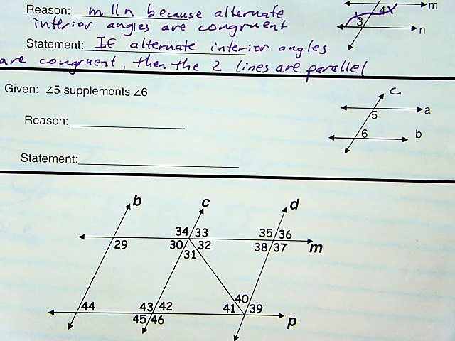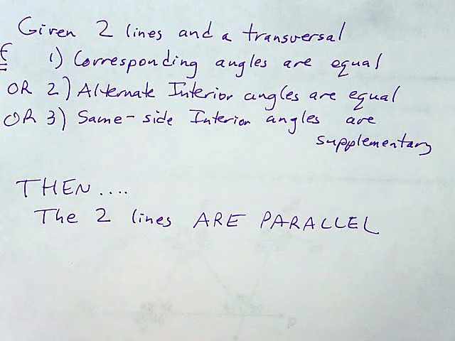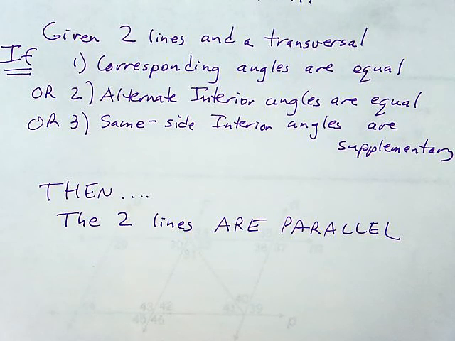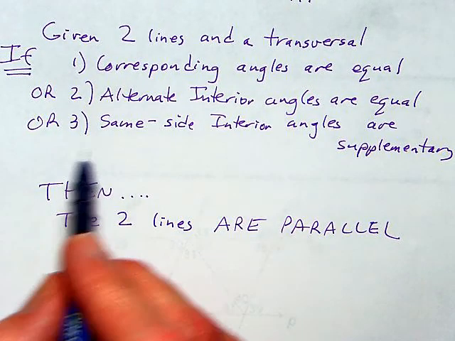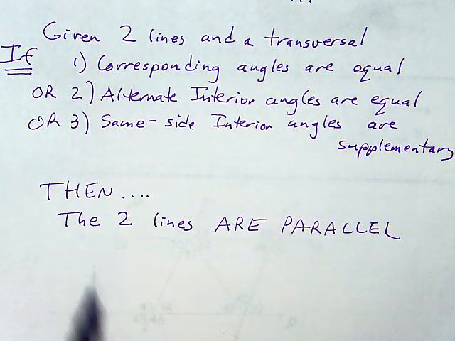Well, what can we conclude about lines A and B? Well, let's go back to our statements here. And we may remember that if, given two lines and a transversal, if same side interior angles are supplementary, then the two lines are parallel.